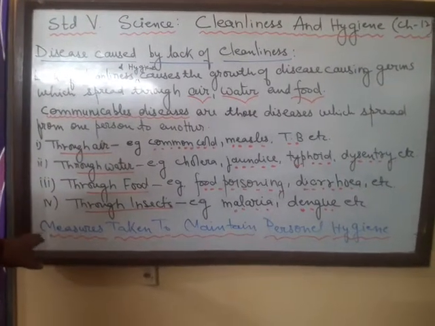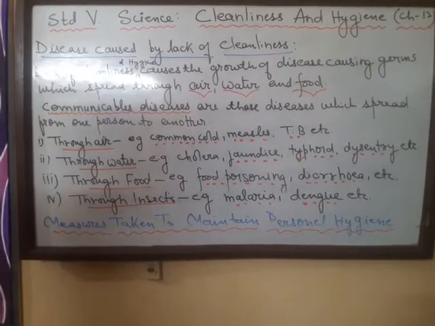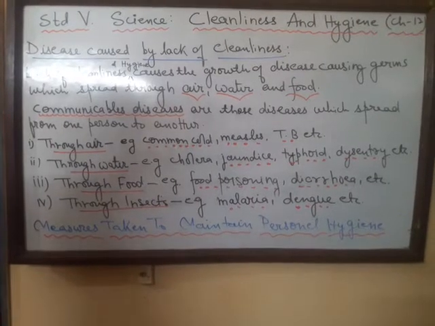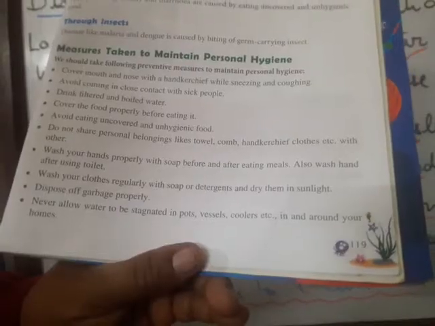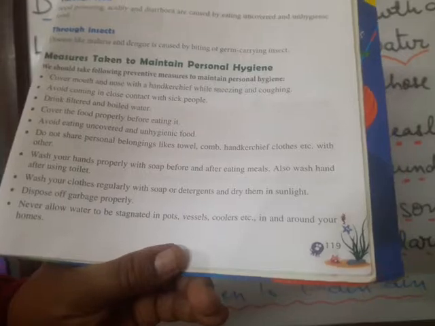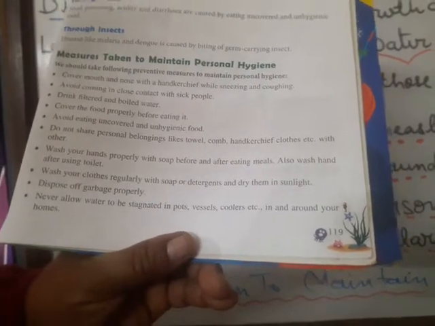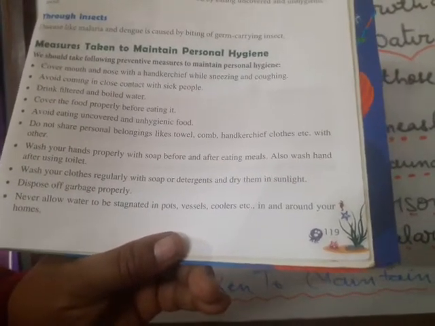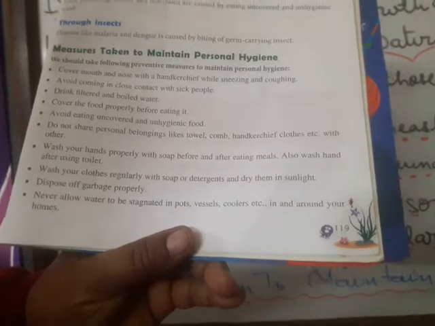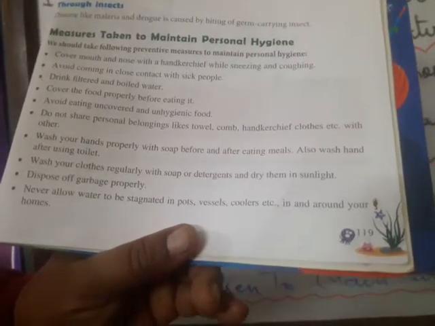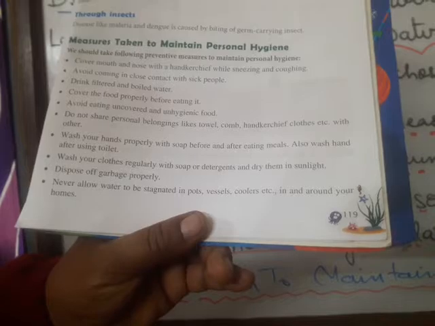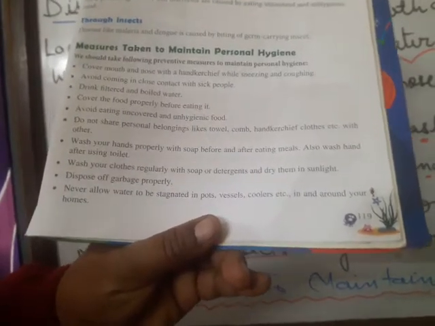Now let us talk about what measures are taken to maintain personal hygiene. Avoid uncovered and unhygienic food. That is why the teachers and your parents advise you not to eat roadside food, that means food by the hawkers who sell food by the roadside. We should not eat them.